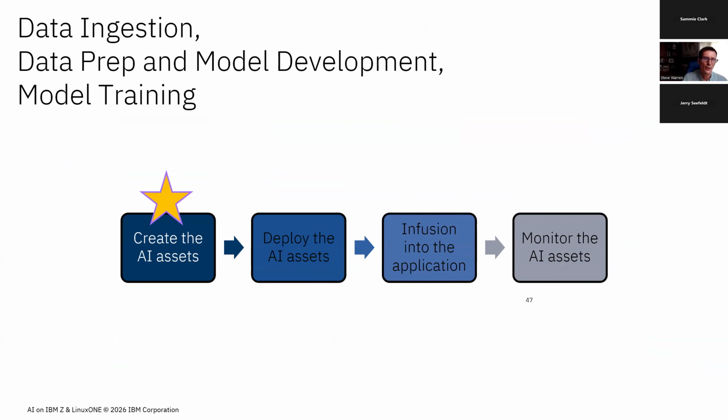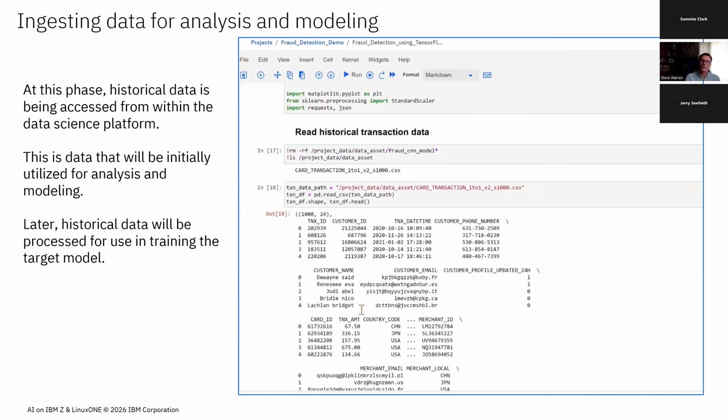The first one is to create the assets. So this is not your job. This would be the data scientist and/or the data engineer that is going to say, what data can we look at to determine if a particular model can detect a pattern of fraud, right? And so typically they're going to do some analysis of that data, and eventually they're going to find whatever data they need.